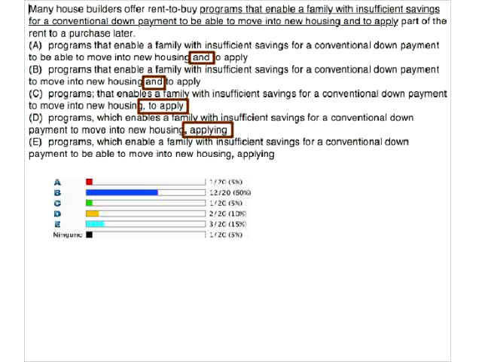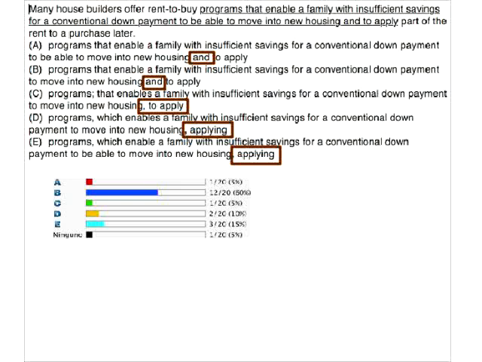But let's look at these two ideas again. So what are the two ideas that are connected? Well, it's two things that the program lets families do. So the number one thing that it lets them do is be able to move into new housing, or just move into new housing.